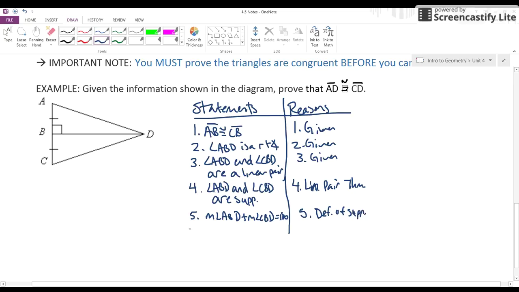And then since I know that angle ABD is a right angle, we know the measure of angle ABD is 90 by your definition of right angle. So then I can substitute and say 90 plus measure of angle CBD equals 180.